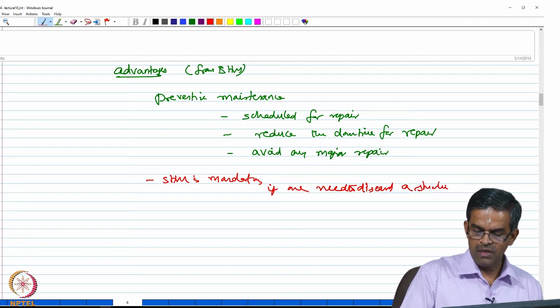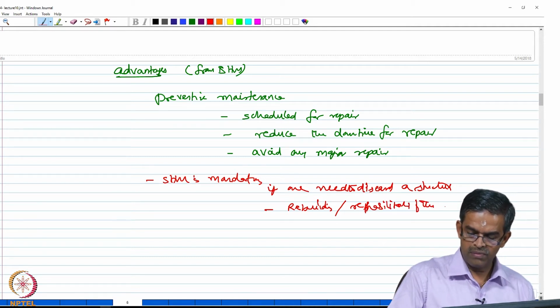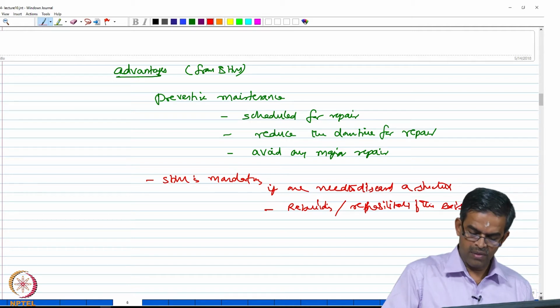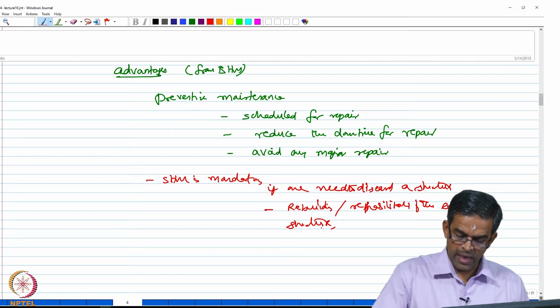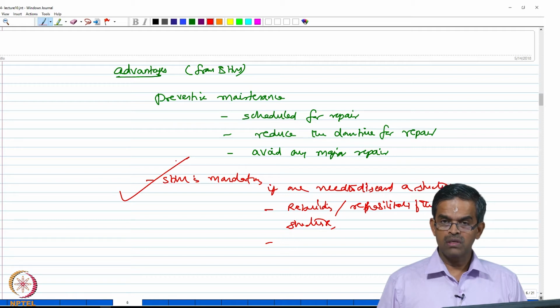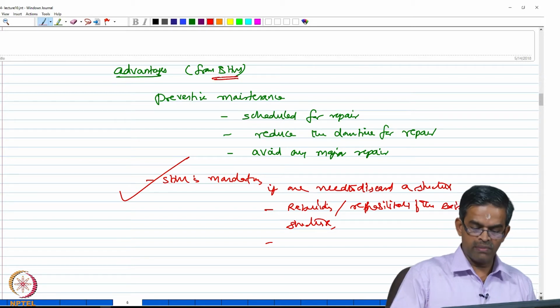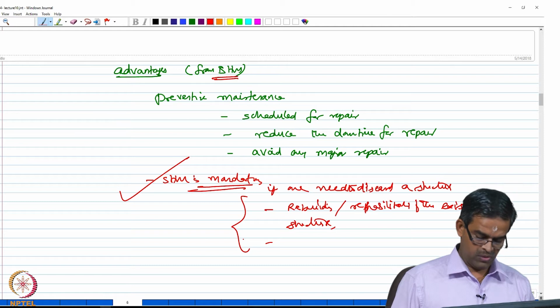That is, if you are planning for rebuilding or rehabilitation of an existing structure, one needs to do health monitoring for a longer time to assess and then come to a conclusion that the structure needs to be demolished and a new structure should be constructed. So, SHM is more or less mandatory in certain issues.